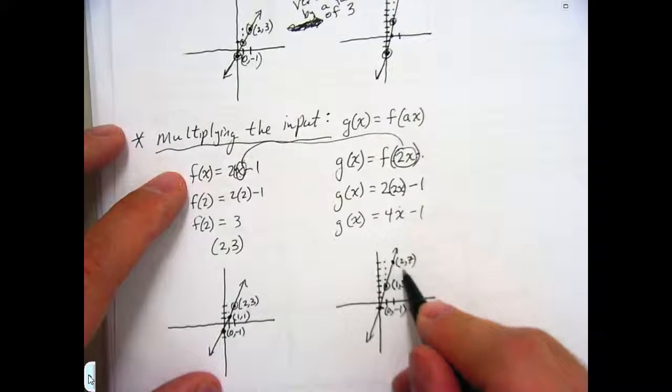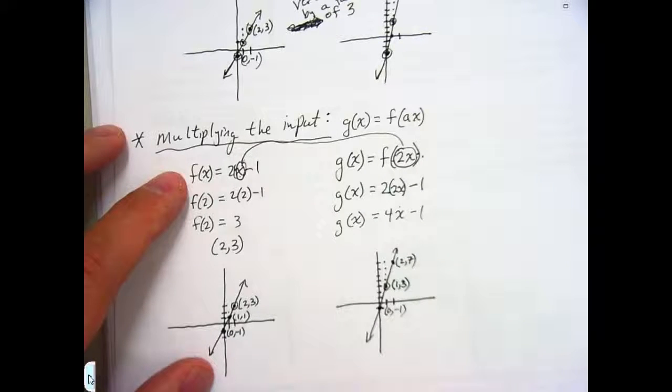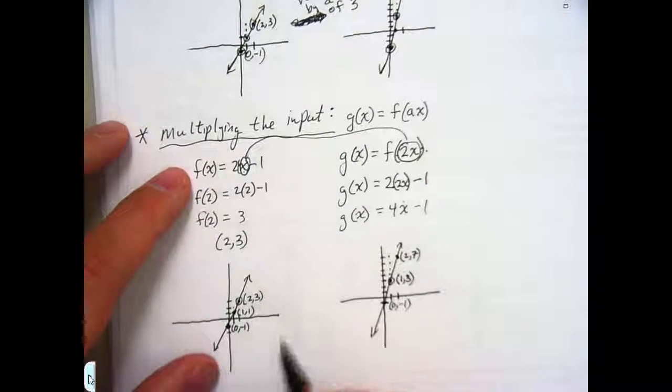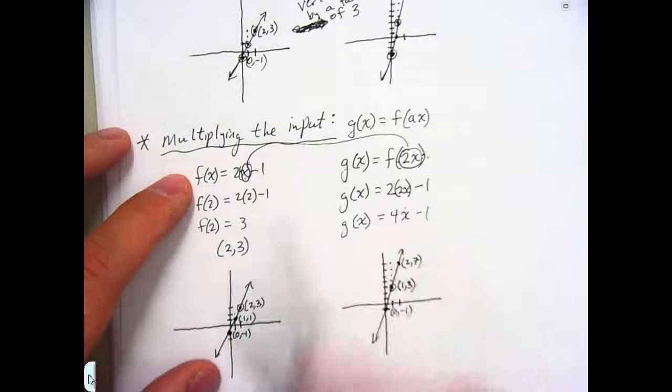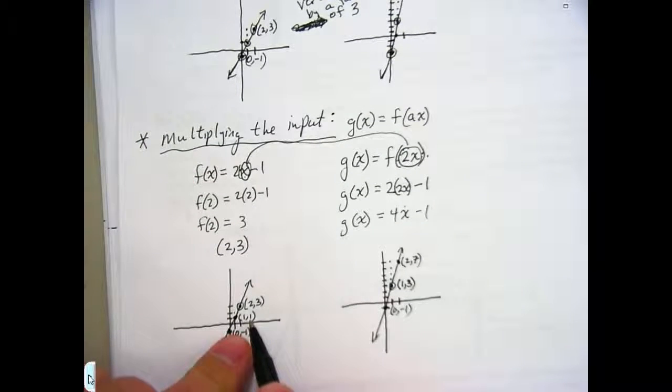Which is the input, the X or the Y? The X is. So when I'm tracking this, if the input is changing, the output is staying the same. Right? Okay, so when I'm trying to find this point right here, or this point right here, these both have outputs of 1. This one has an output of 3.